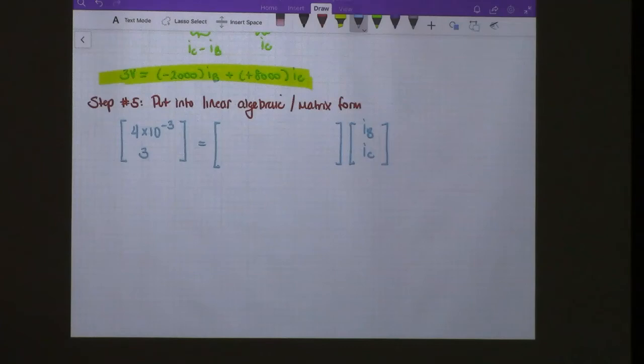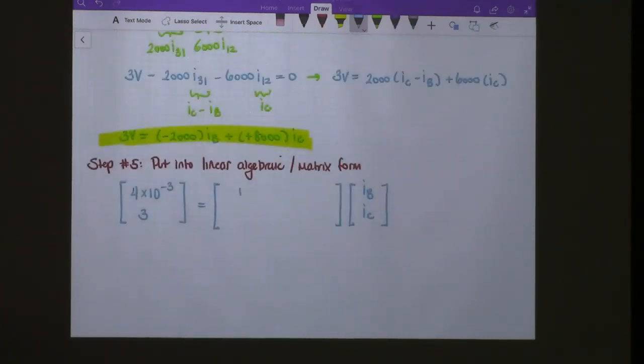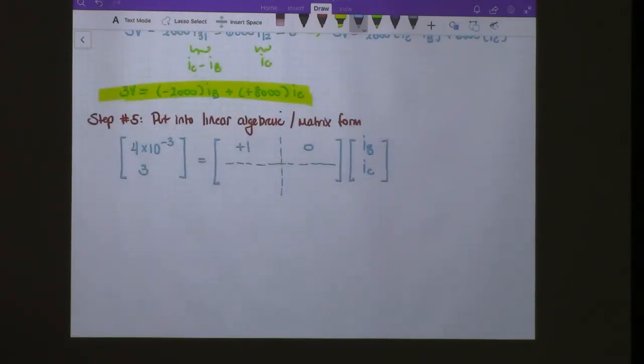So what is the coefficient of IB and IC for the first one? We have a plus 1 and we have a 0. Why 4 times 10 to the negative 3? Because it's milli. And then down here we have negative 2,000 and we have positive 8,000.